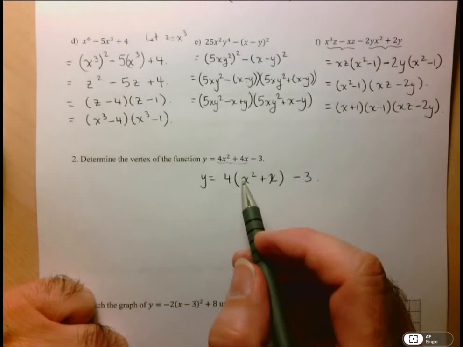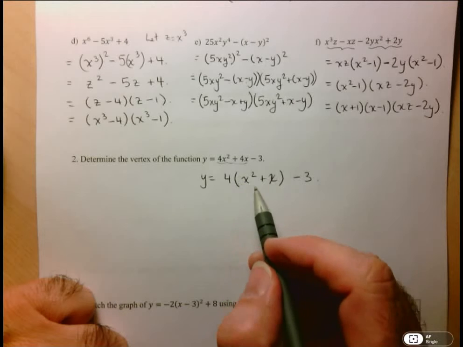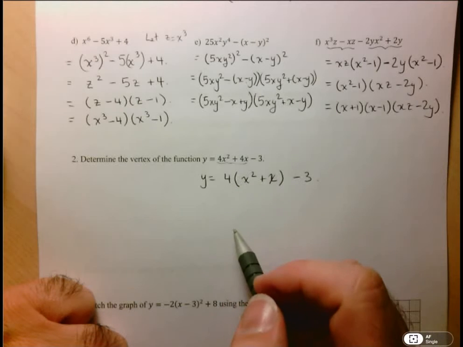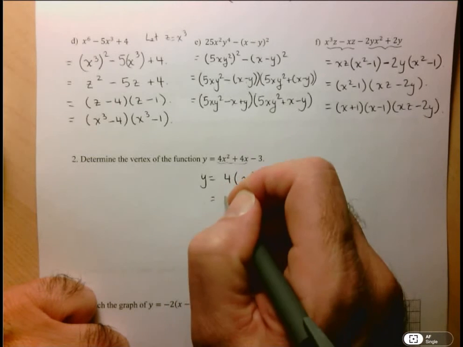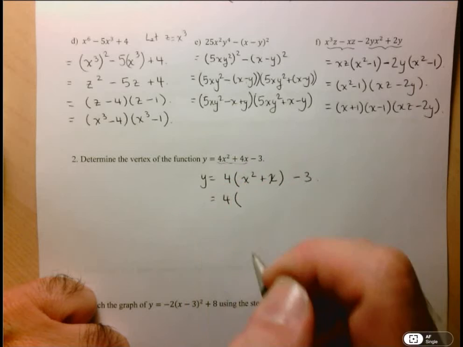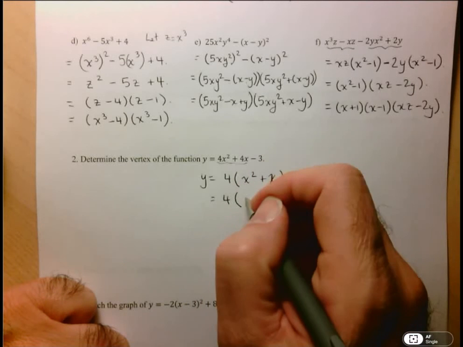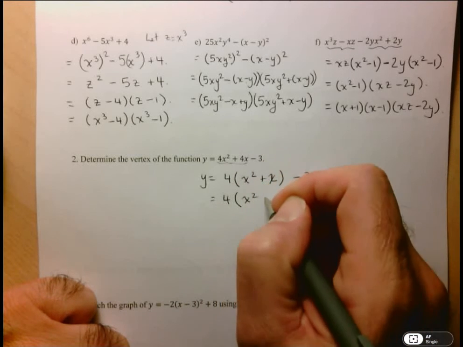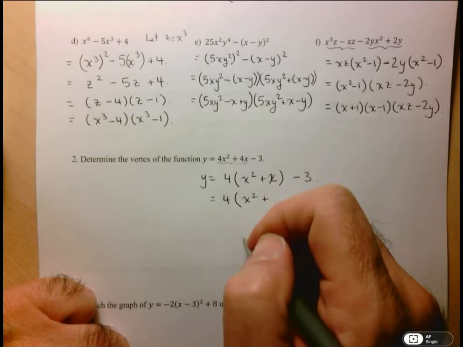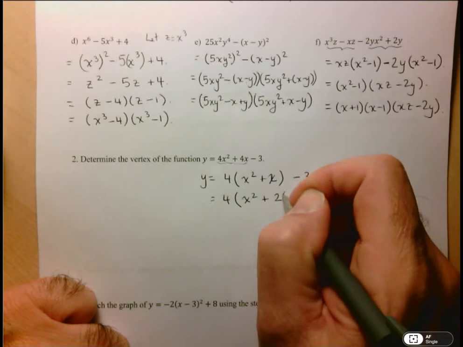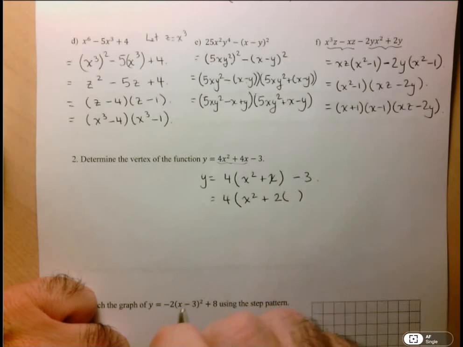So now I'm going to complete the square on this term in the bracket. The goal here is to create an expression that's going to give me my perfect square. And that expression is x squared plus, since I've got an addition there, 2 times what's going to become my h value.